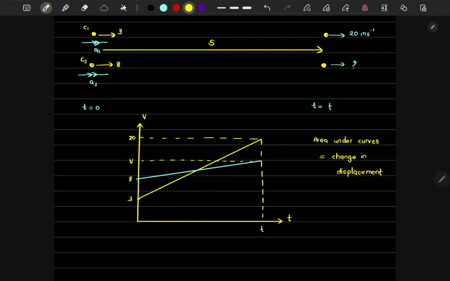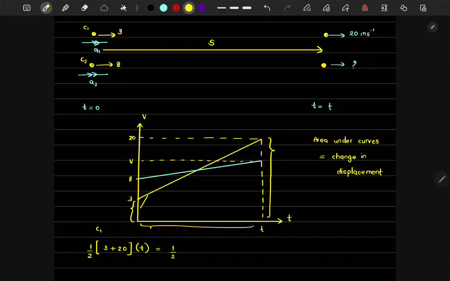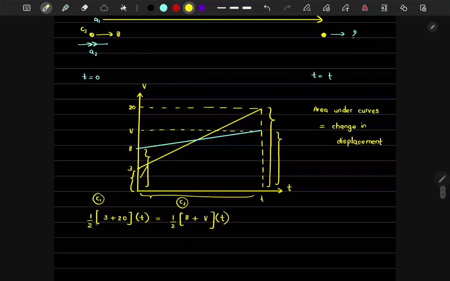Now, what is the area under the curve of C1? There is a trapezium here, half, we have 3 and 20, so 3 plus 20 multiplied by this height of the trapezium, which is T. That is equal to half, now I am considering C2, so we have 8 plus V, which is the value we must find, into T again. The time taken is common.